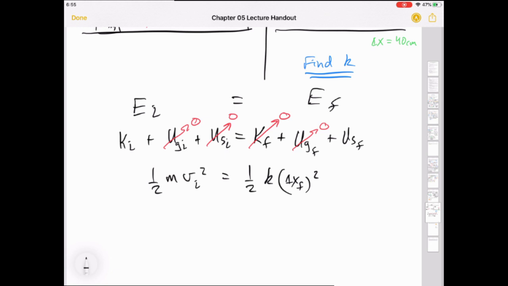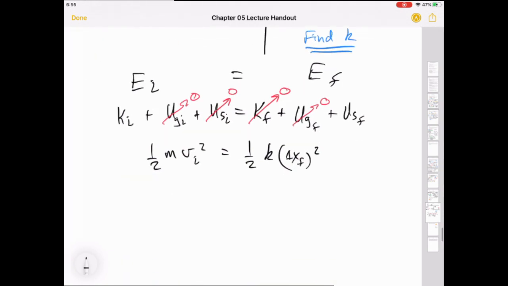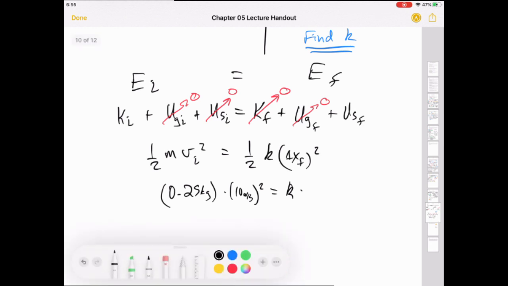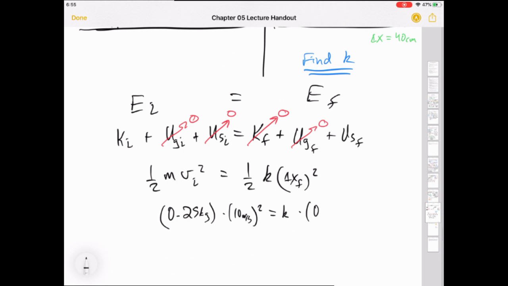The mass, again, was 0.25 kilograms, so 0.25 kilograms times v initial, which is 10 meters per second, squared, equals k times that 40 centimeters, and let's do this in SI, so that's 0.4 meters squared.